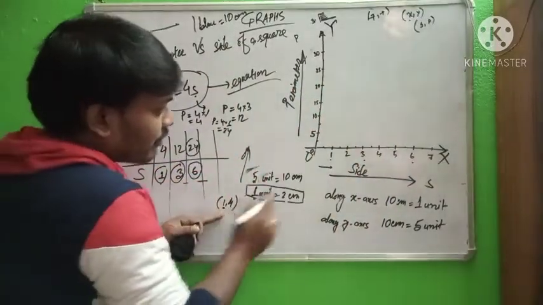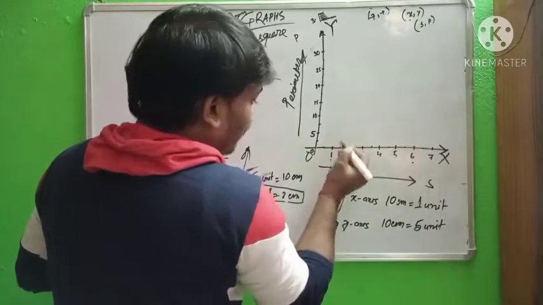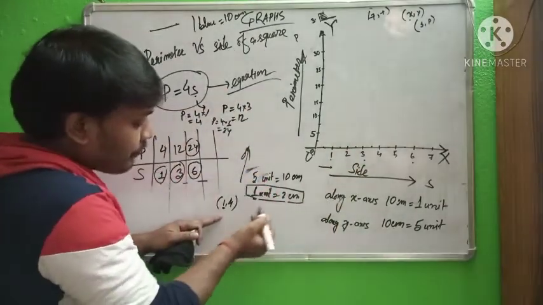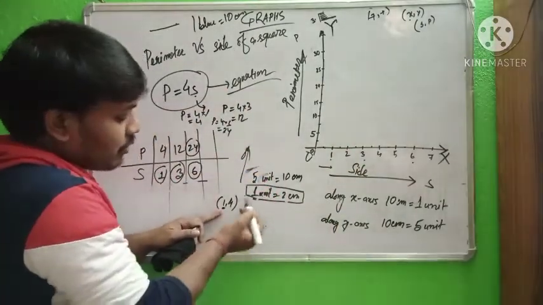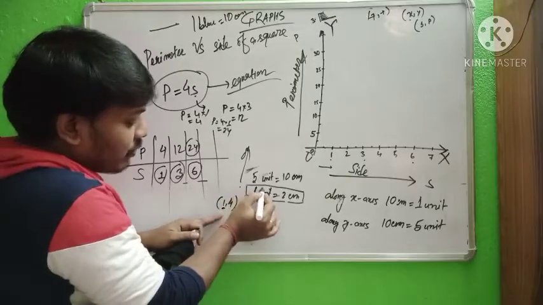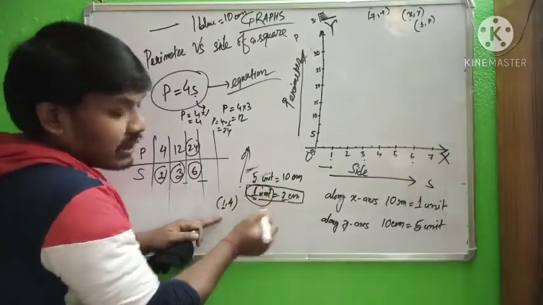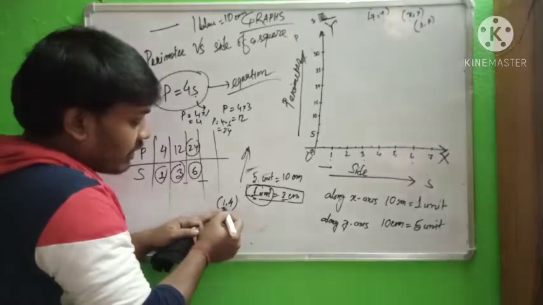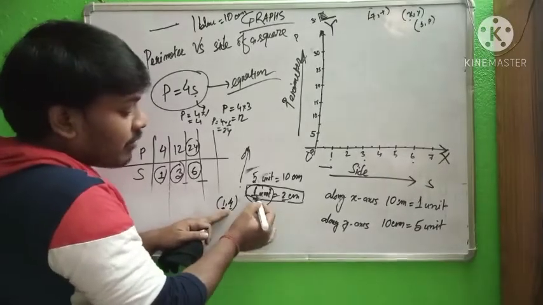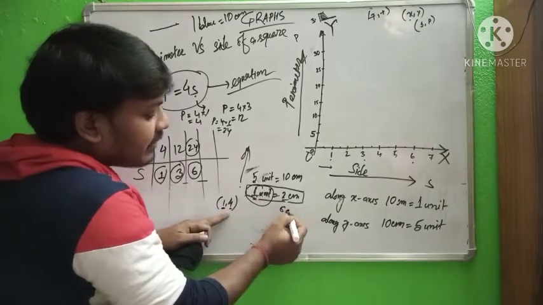So 1 comma 4: 1 is here, now 4 means 4 unit along the y axis. 1 unit equals how much? 2 centimeter. So 4 unit means 8 centimeter.